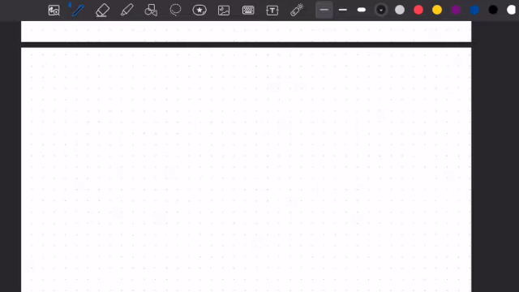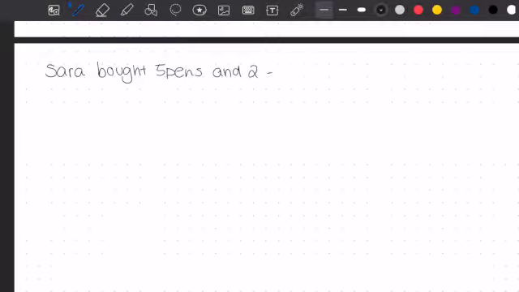So this one is our example 2 from 4.5, and I'm going to write it out here. So Sarah bought 5 pens and 2 erasers for $6.